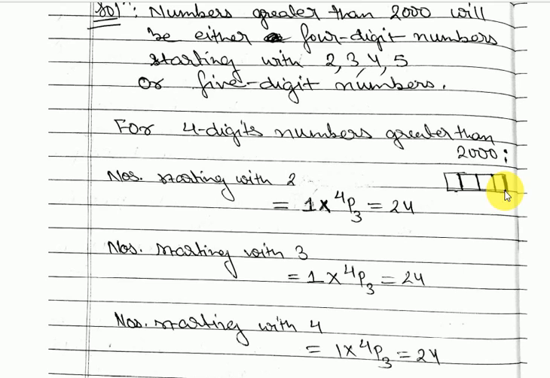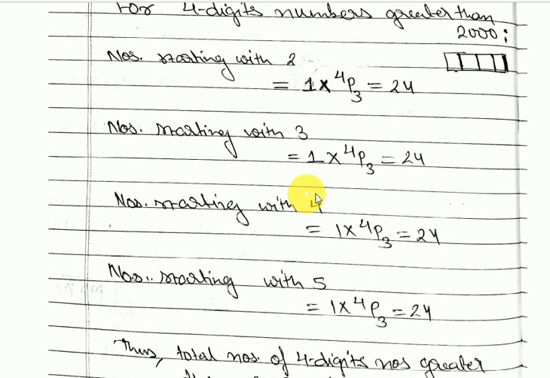Now the remaining 3 can be filled out of 4, so 4P3, 24. Numbers starting with 4: 4 is fixed over here, and the remaining 3 places can be filled using 4 digits, so 4P3. Numbers starting with 5: this is fixed with 5, so 1 way, and we have to fill the remaining 3 using 4 digits, so 4P3.